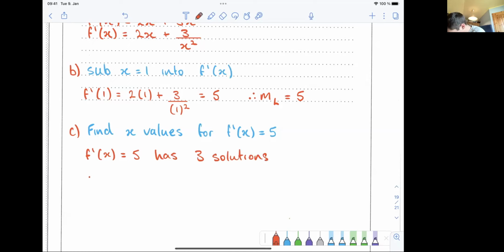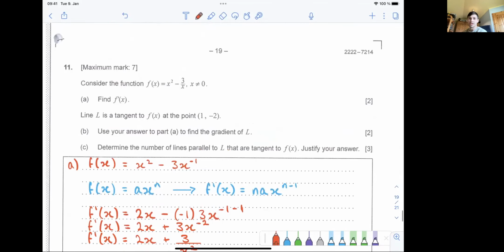And so therefore, there are 2 lines. We'll just say 2 lines. That is the answer. Okay, so not including line L. So 2 lines are parallel to line L. And there is the answer to question 11.